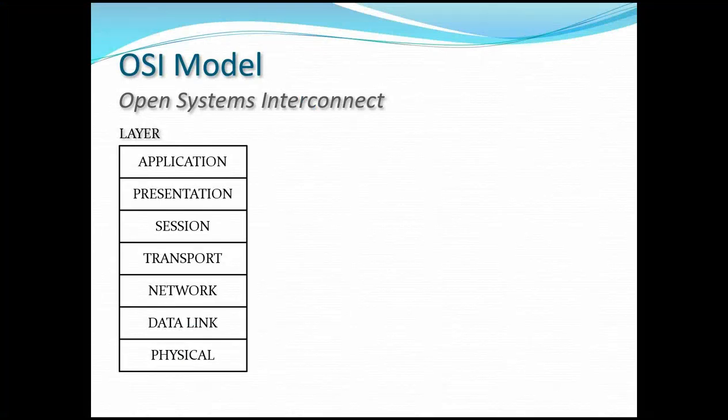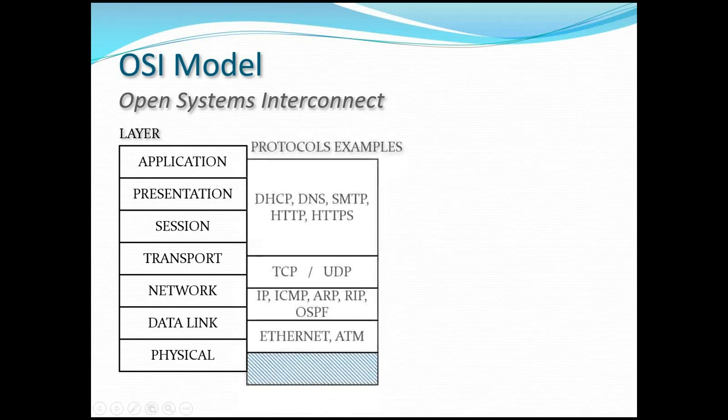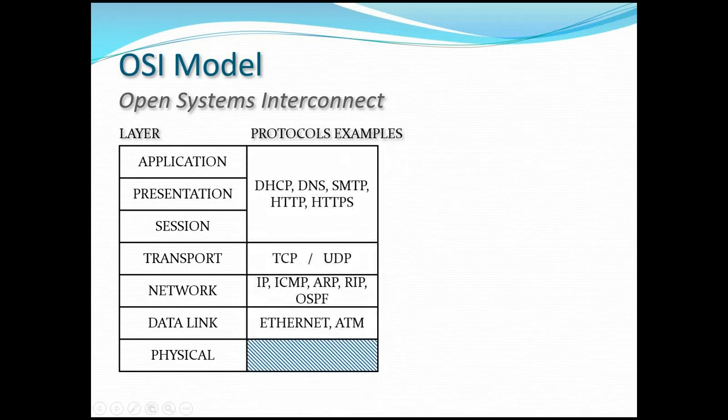You're familiar with the OSI model, which has its 7 layers, and we talked about it in the early chapters of the book. And here are some of the protocols that run in the different layers of the OSI model. Specifically, we're looking at some TCP protocols. You'll see in the upper 3 layers, which generally get referred to as the application layer, we have things like DHCP, DNS, SMTP, HTTP, and HTTPS.